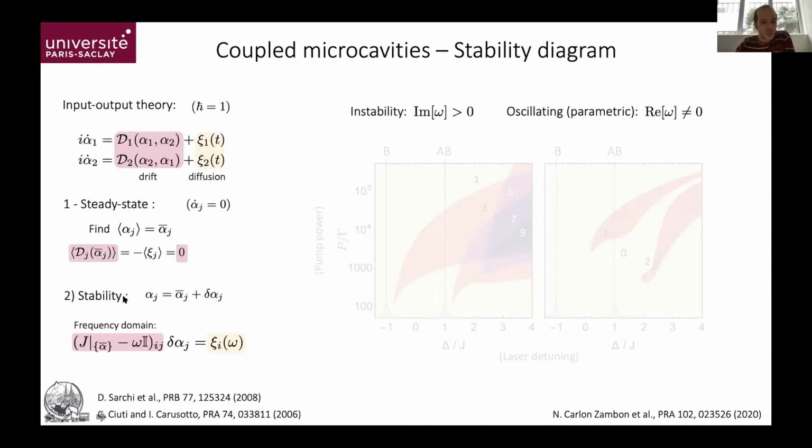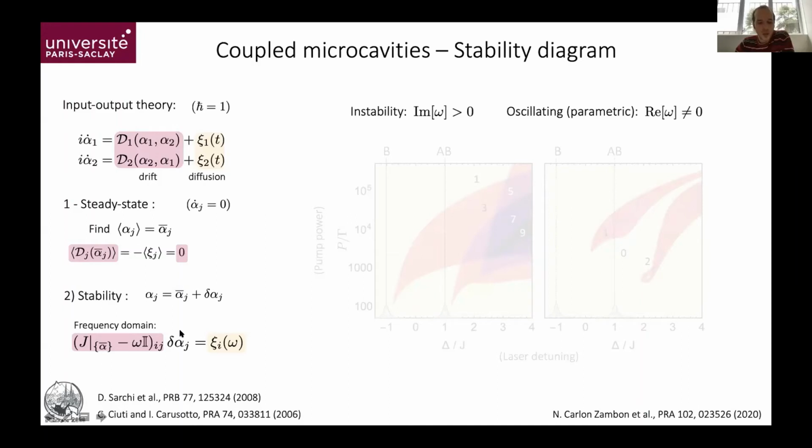And then what we can do in order to assess the stability of this solution is to introduce small perturbations about the stationary solution. If we plug this into the equation of motion, linearize the equation, and pass into the frequency domain, we can see that the evolution of small perturbations, which is essentially forced by these random terms due to diffusion, is going to be encoded in the spectrum of the Jacobian of the drift term.